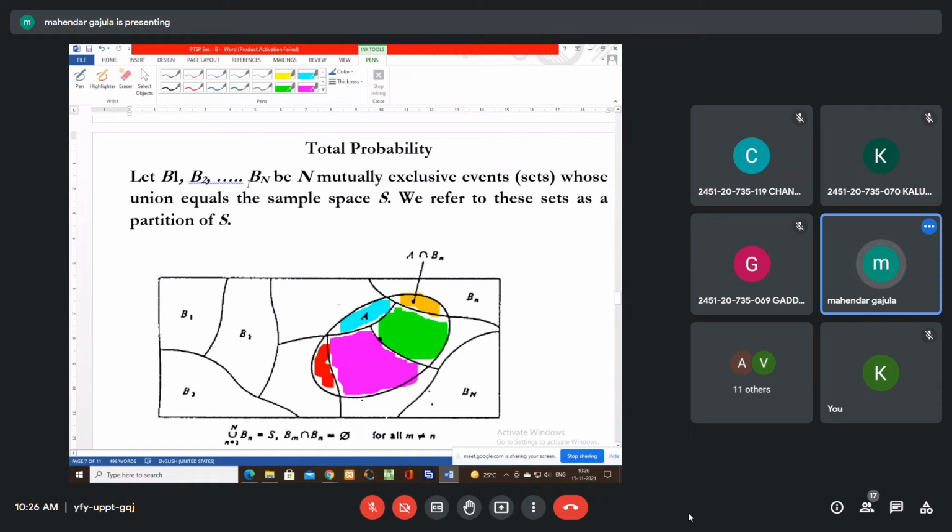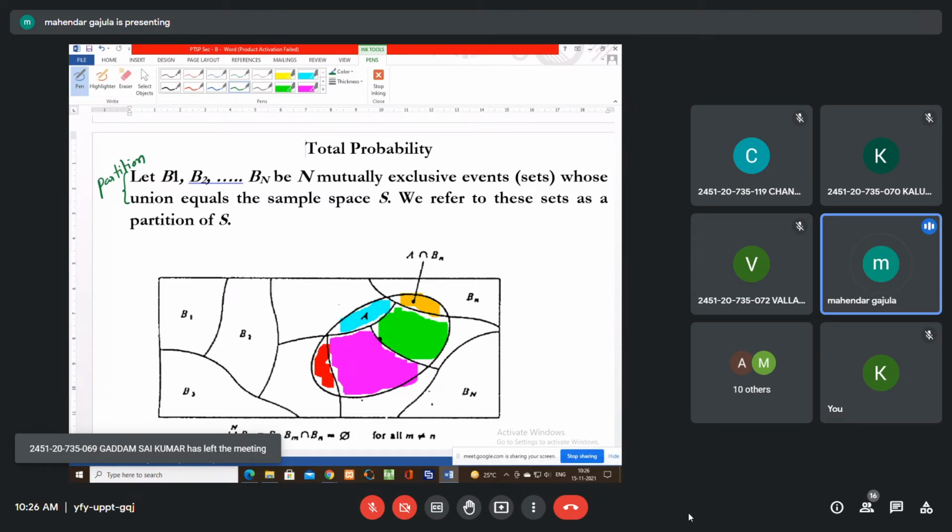So there are n events which are mutually exclusive, and if you unite all these events, if you add them, you'll get the sample space. Is this statement not discussing a partition? What is a partition? First, there should be n events.